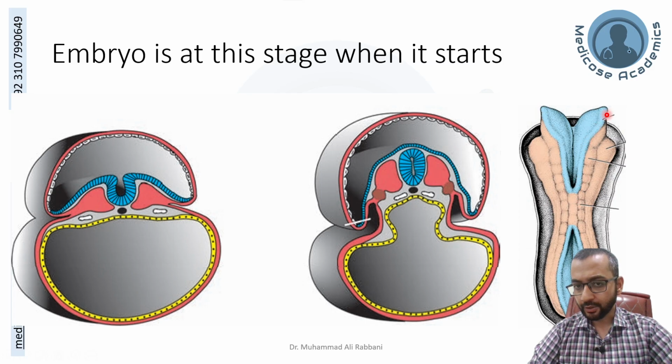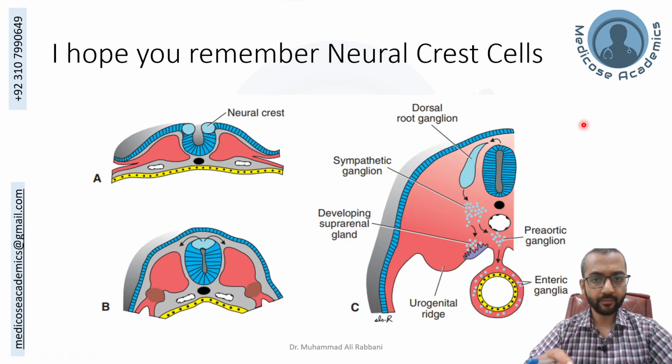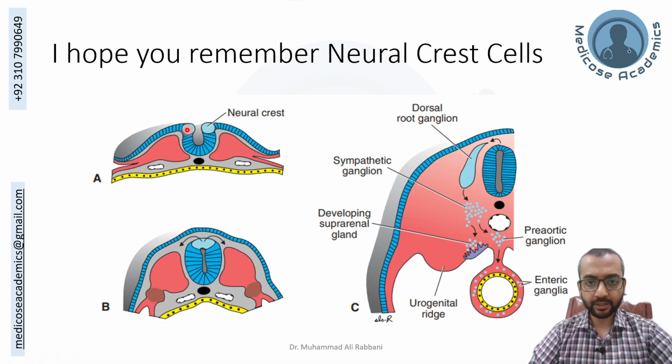As the neural tube is closing, still not closed, somewhere here will be the part where the eye field will be generated. And what were the neural crest cells? Those were the cells of the ectoderm that were at the margins of the neural fold, at the margin between the surface ectoderm and neural ectoderm. These are the cells that are going to play an important role in the development of the eye.